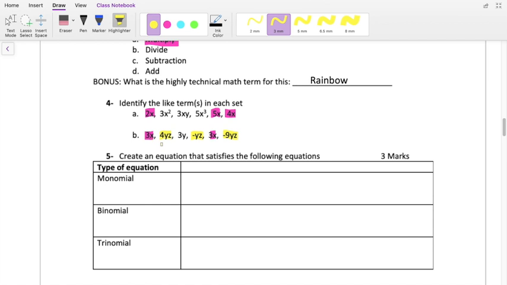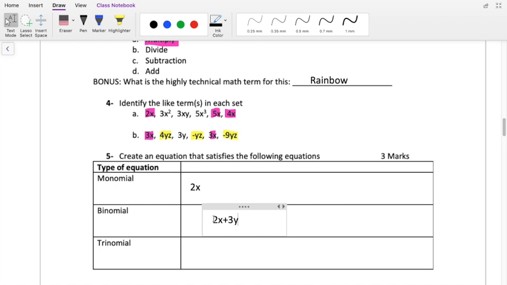Same variable and exponent. This one only has a y, so we can't include it. A monomial is one term. A binomial is 2 terms. And a trinomial is 3 terms.